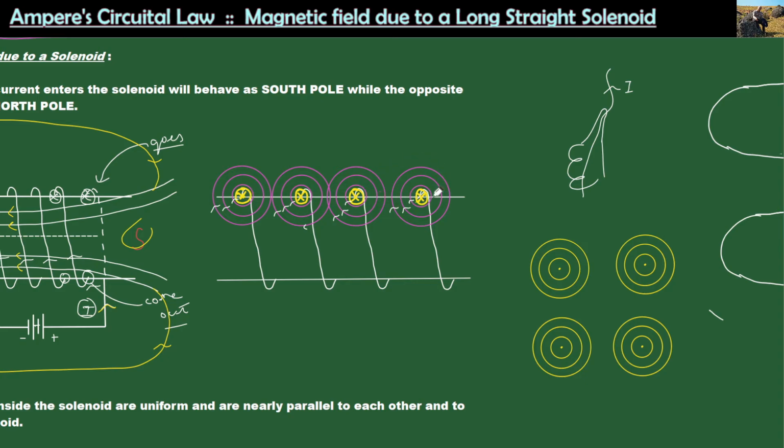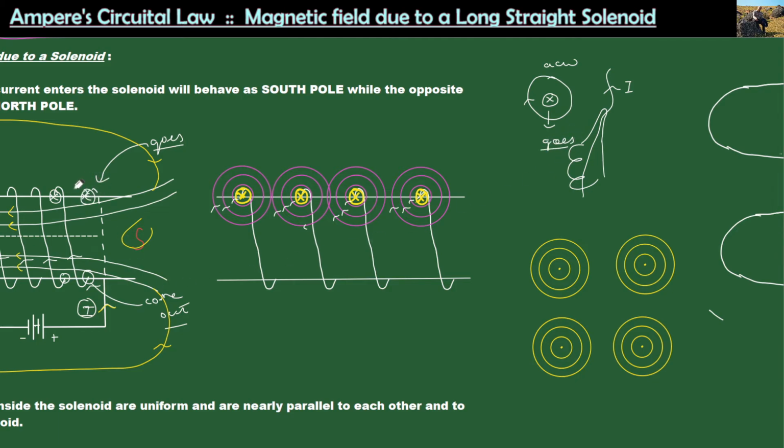So what will be the direction of these circular loops? Since it is a cross, it will be in the anti-clockwise direction, at the point where the current goes inside.